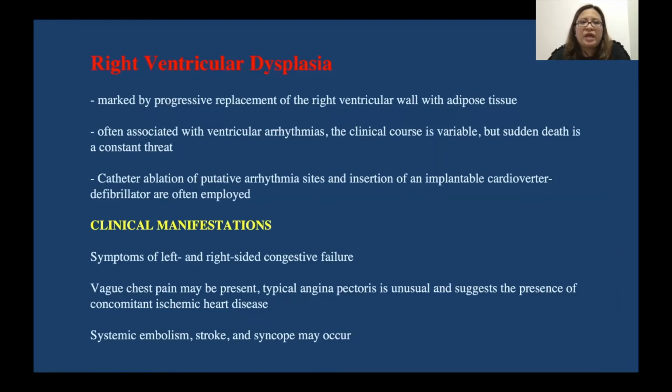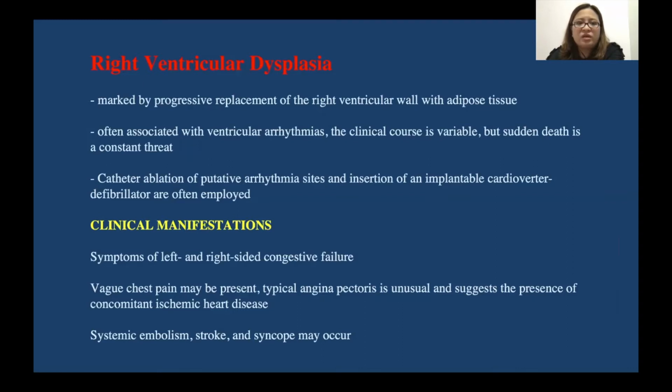Let's move on to right ventricular dysplasia. Right ventricular dysplasia is marked by progressive replacement of the RV wall with adipose tissue. Often, it is associated with ventricular arrhythmias and a variable clinical course. But sudden cardiac death is a constant threat.